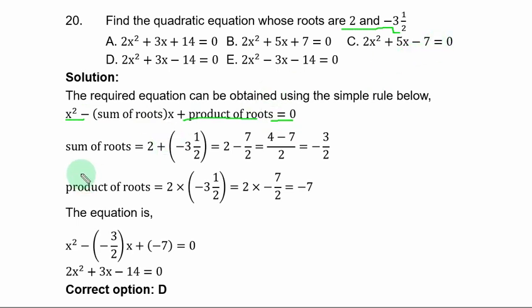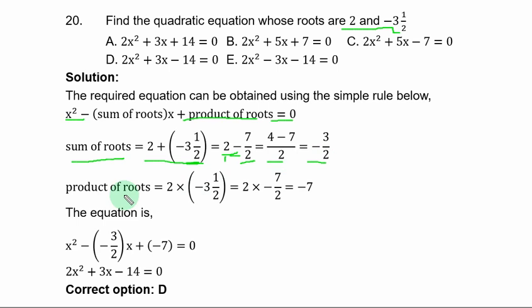So let's get sum of roots. You add the two roots together. So you have 2. Plus minus is minus. You convert this mixed fraction to improper fraction. You write this as over 1. If you find the LCM and simplify, you have this, and finally minus 3 over 2.